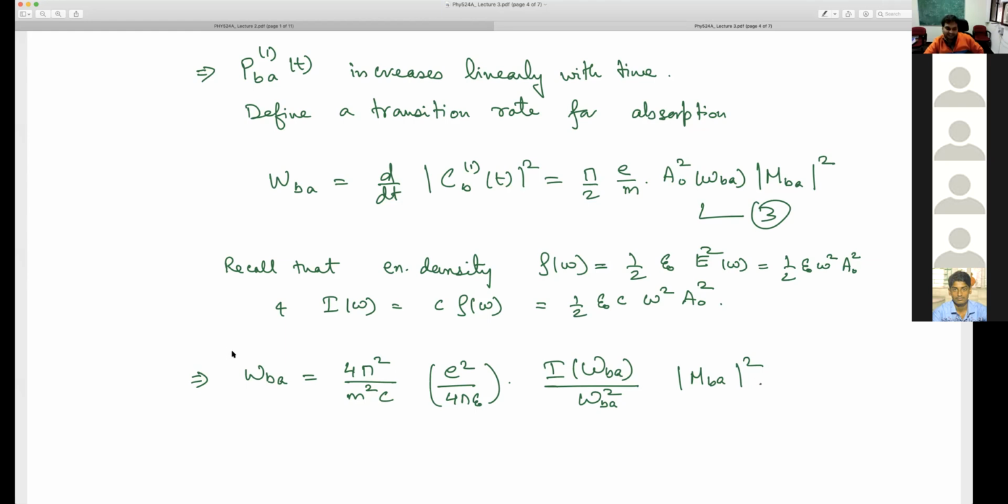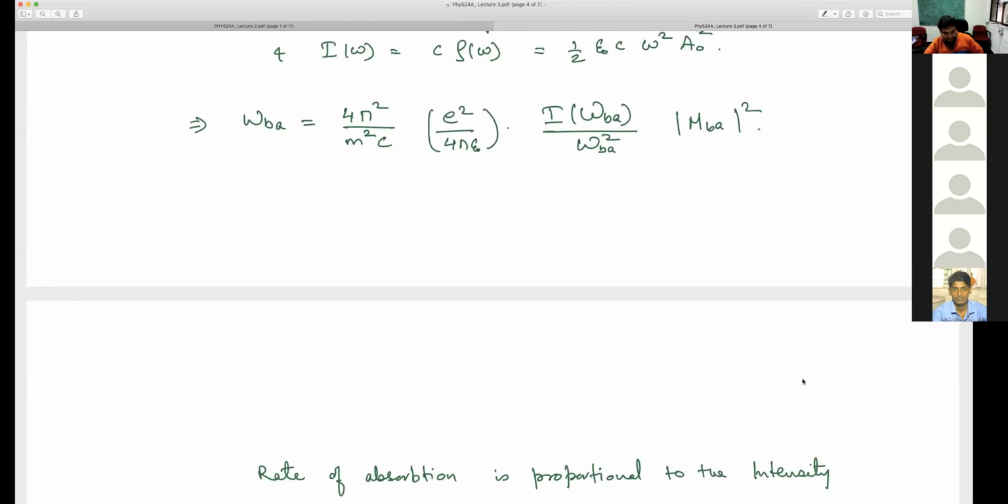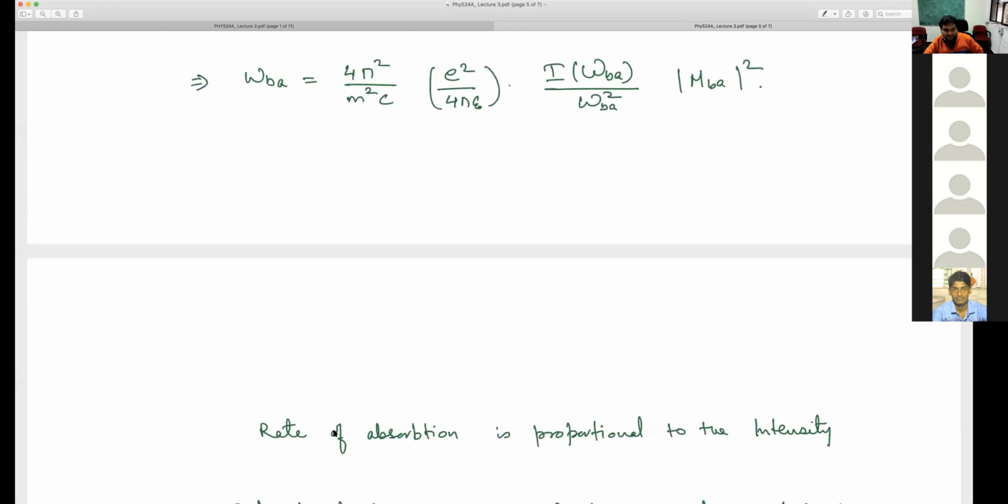So this is the rate of transitions basically, the rate of single photon absorption going from A to B. And as expected, it is proportional to the intensity. So the more intense light I shine, the more photons I will have, and I will have more transitions going from A to B directly, single photon transitions.